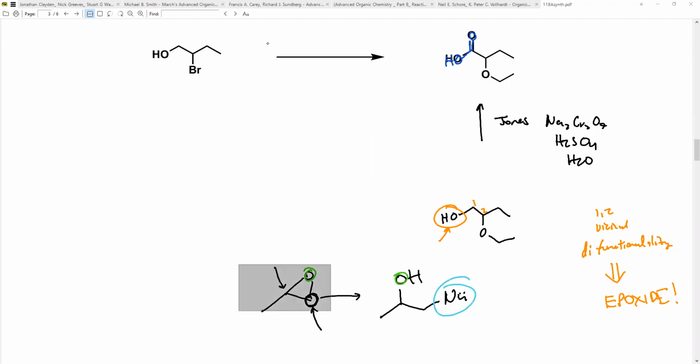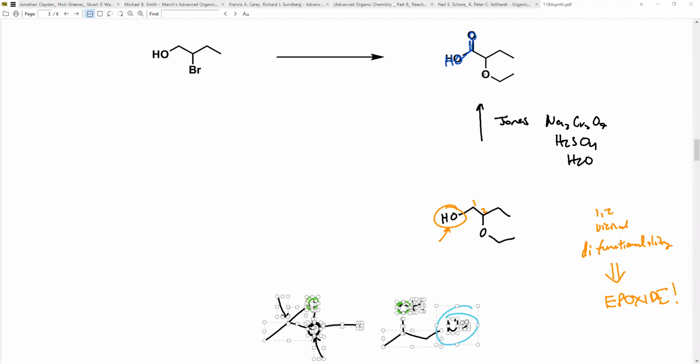Okay, so when I look at this molecule here, you can even see it up here too, right? There is the difunctionality right here, but it's a little more obvious down here. When I see the difunctionality and I notice my alcohol, I'm instantly thinking epoxide, and also thinking that this alcohol is going to be my epoxide O. Okay, that's my epoxide O. So I can go ahead and assume that this group here was my nucleophile.